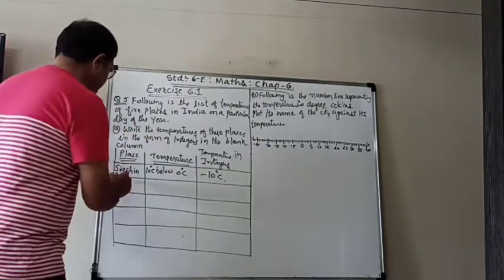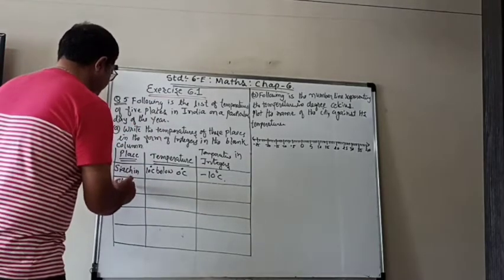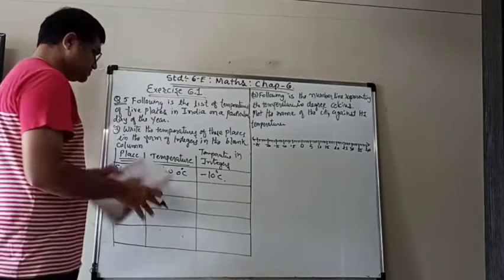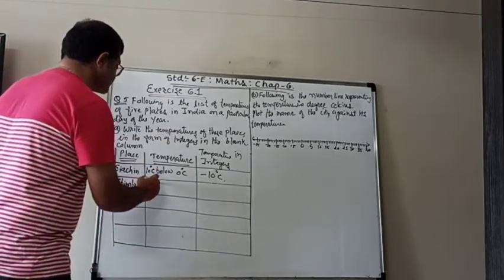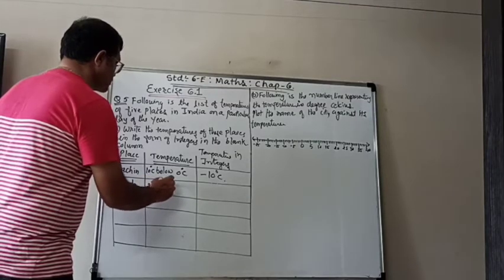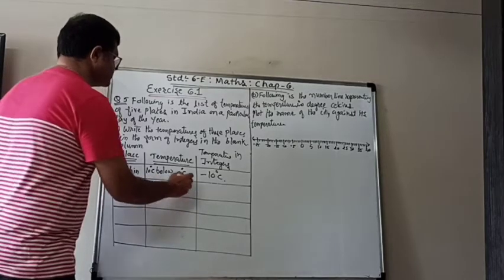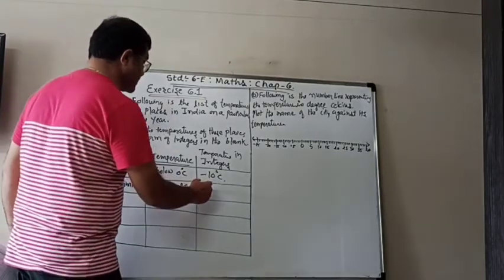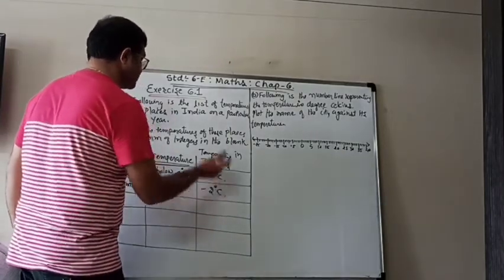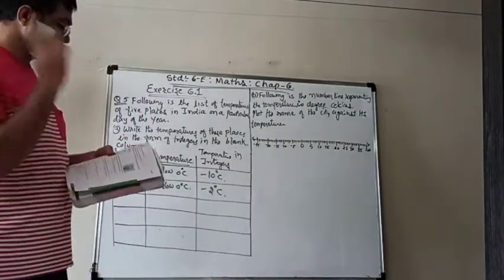Second place is Shimla. Shimla has 2 degrees Celsius below 0 degrees Celsius. 2 degrees Celsius below means minus 2 degree Celsius.